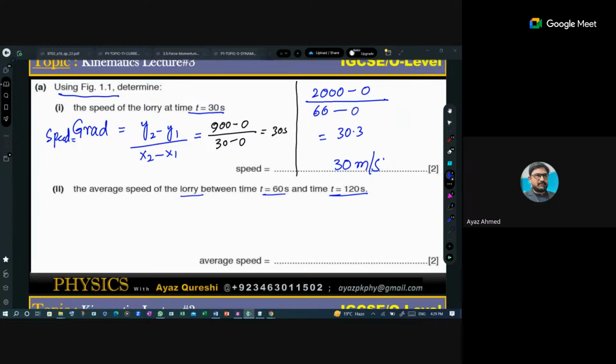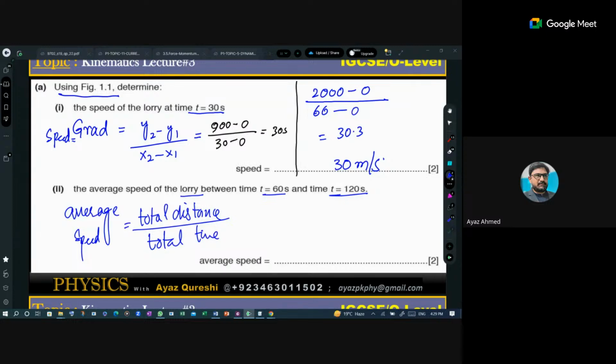Total distance covered by the lorry divided by total time. Average speed is equal to total distance divided by total time. Got it?